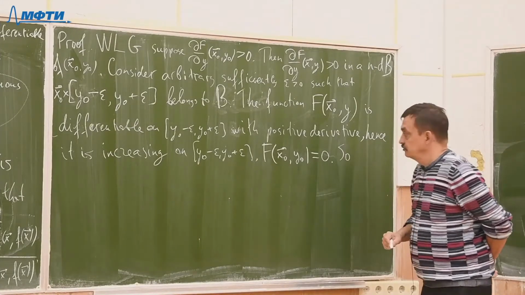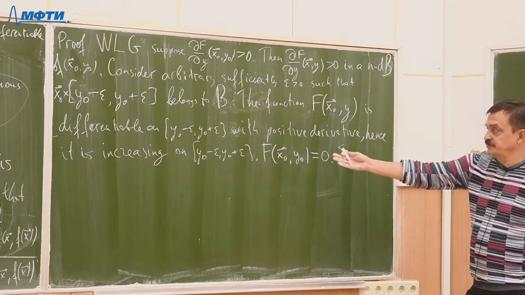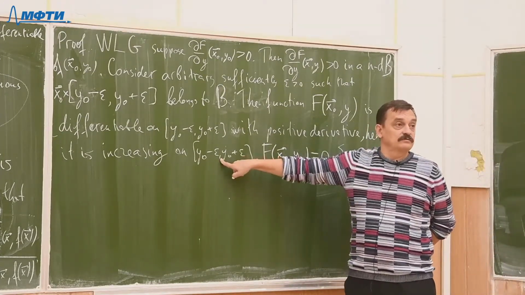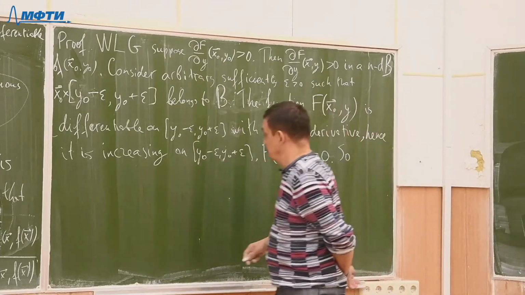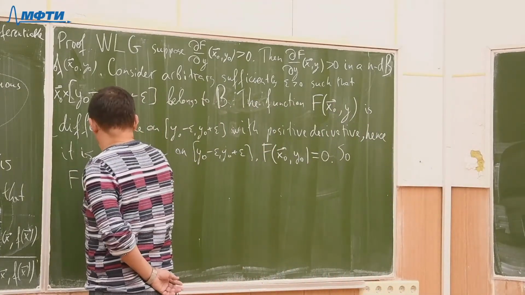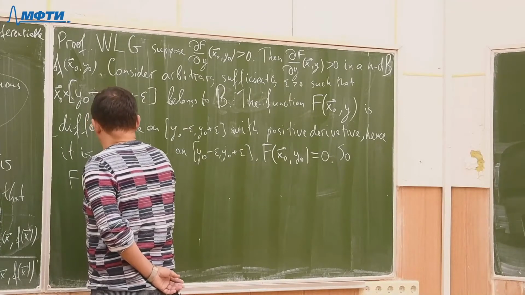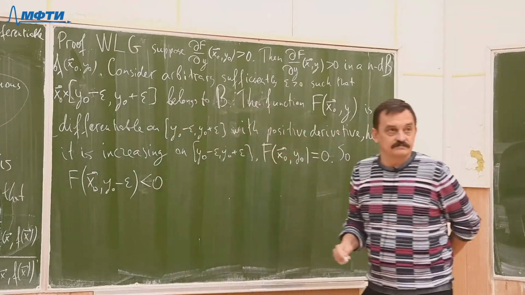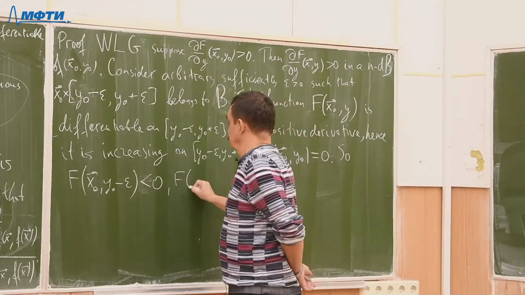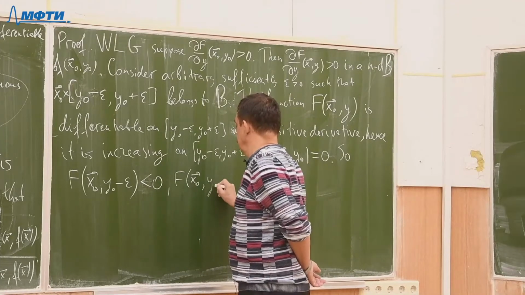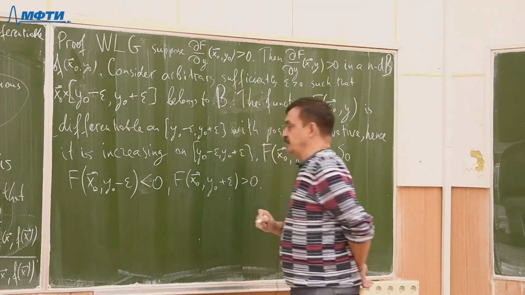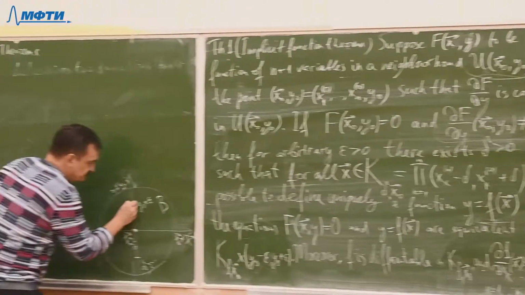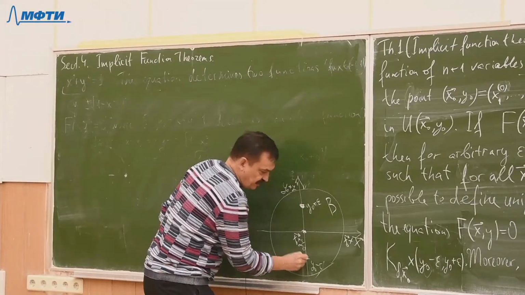So what it means, if it's increasing and the value at the middle point is 0, then what do we have? If we substitute the left end, then that is negative, right? And the value at the right is positive, right? So here our function is positive and there it is negative, right?